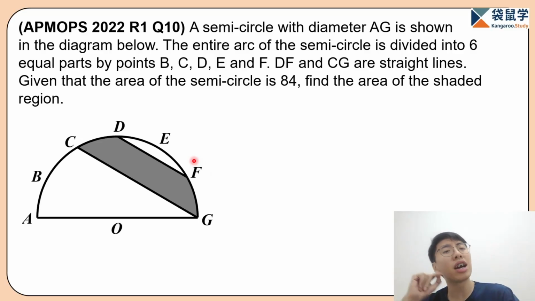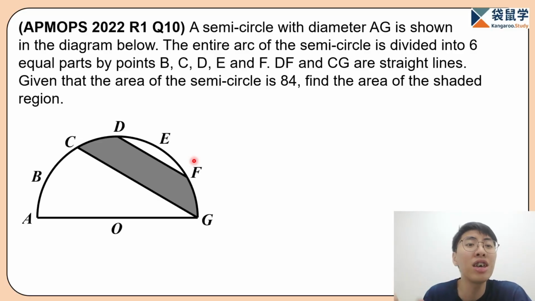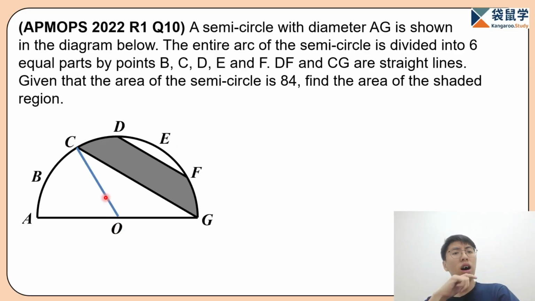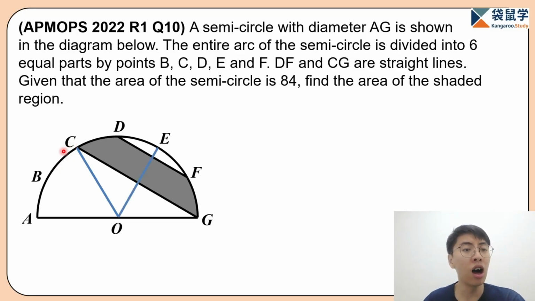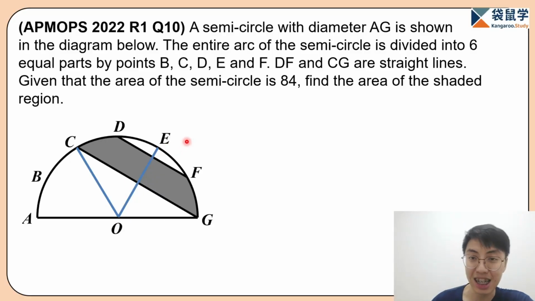So one thing we can try is to cut it into a few larger pieces, one way being from C to O. Now I've cut up this line, which means I have one of these sectors, AOC. What can I continue to do? Of course, I can continue to cut it up. Now I've cut the entire figure into 3 pieces.